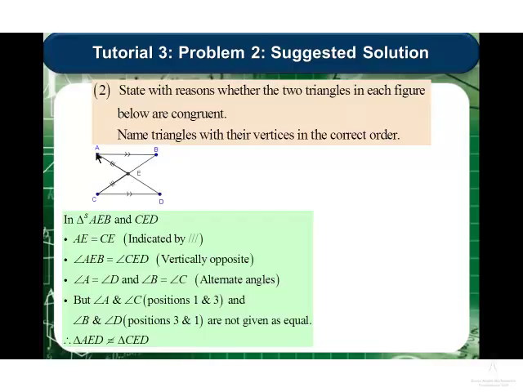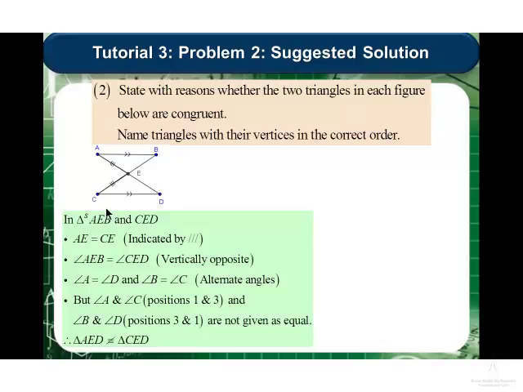Furthermore, we know that since the two line segments AB and CD are parallel, we immediately have that angle A is equal to angle D, as well as angle B is equal to angle C. This is because of alternate angles as discussed earlier. But in this case, have a good look. We know that angle A is not necessarily equal to angle C, and these are the first positions for the triangles AEB and CED.